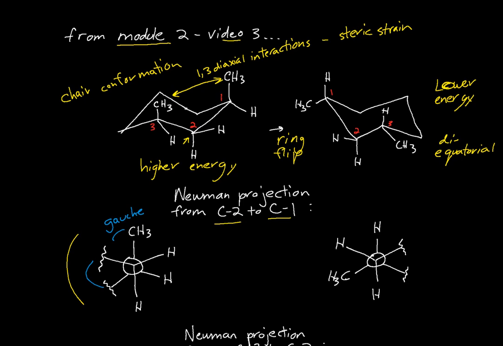In the Newman projection looking from C2 to C1 on the right upper structure, we only have the one gauche interaction. Notice we don't have another gauche interaction. We're not really paying attention to protons; they hardly take up any space. So our Newman projection analysis, looking from C2 to C1, supports the fact that the left structure is higher in energy without having to refer to the diaxial interactions.